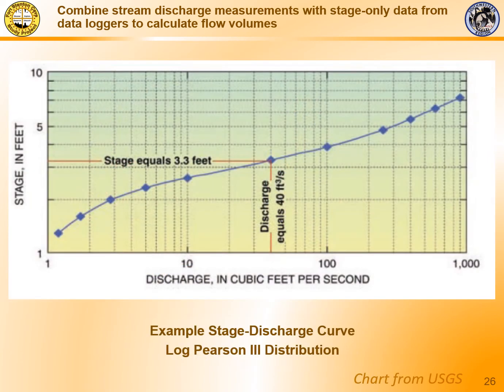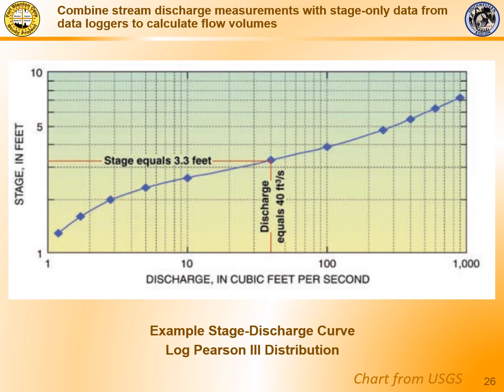How do we take that data and calculate flow volume? Well, what you do is you make, and this is not from a cave stream, this is just an example surface water stream, we plot discharge on the x-axis, stage on the y-axis, and we see as discharge goes up, the stage goes up.